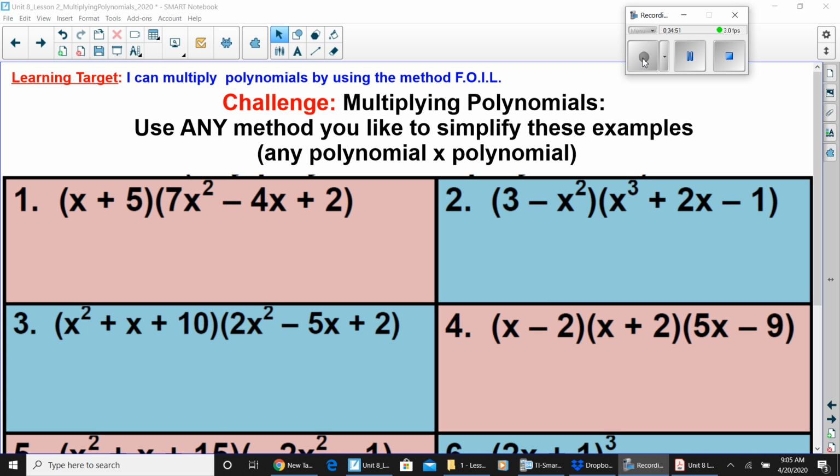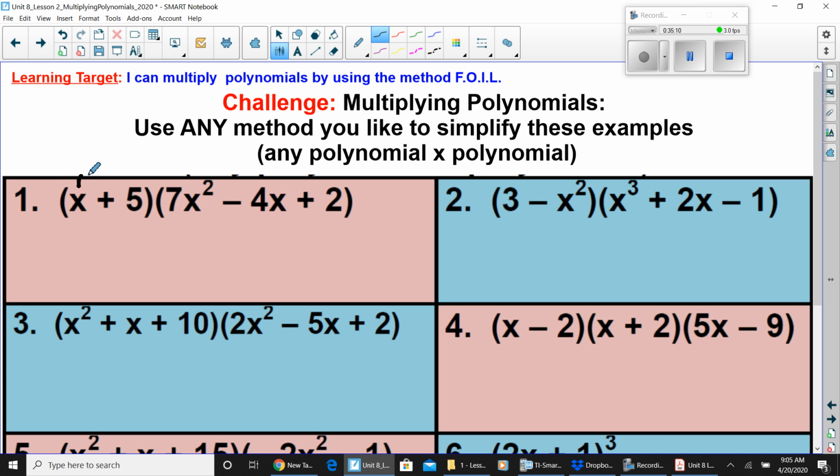So these are challenge questions, but I'll do a couple of them with you. Again, distributive property. You could use the box method, but the thing is, distributive property kind of works better for this one.